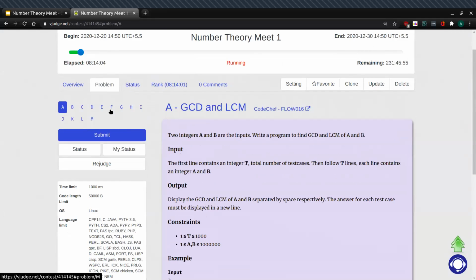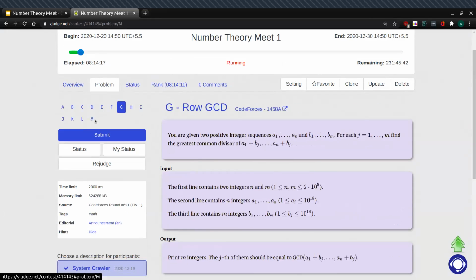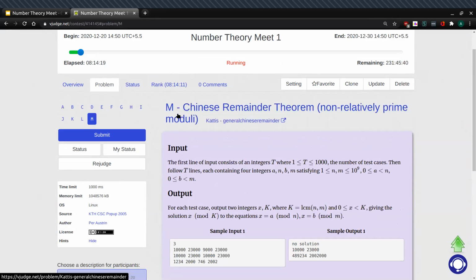We tried to pick problems which have no other prerequisites, so only the topics covered in the meet are considered, except this Chinese remainder thing. You can try it on your own or skip it. We didn't cover Chinese remainder in this meet. We might cover it in the next meet or might not.